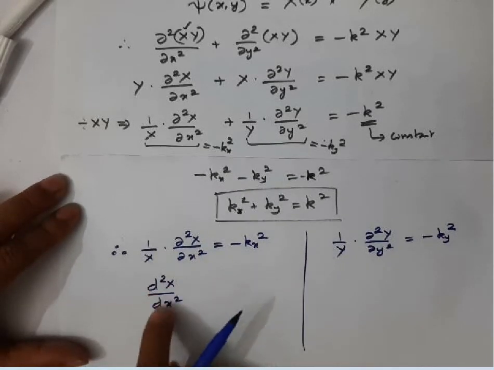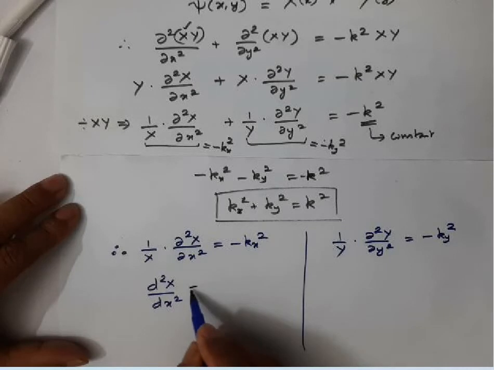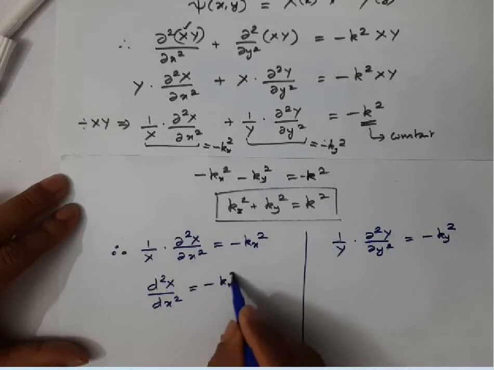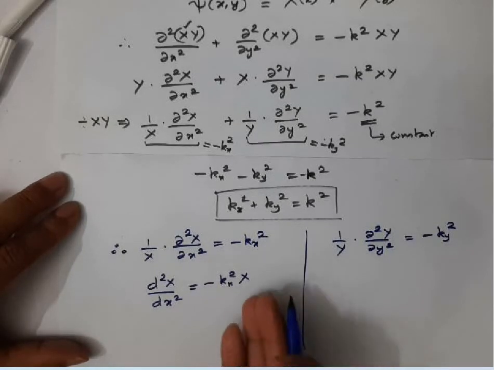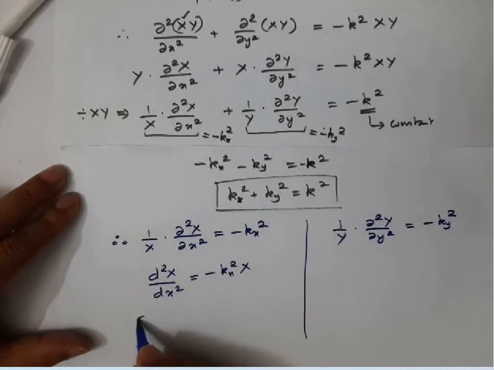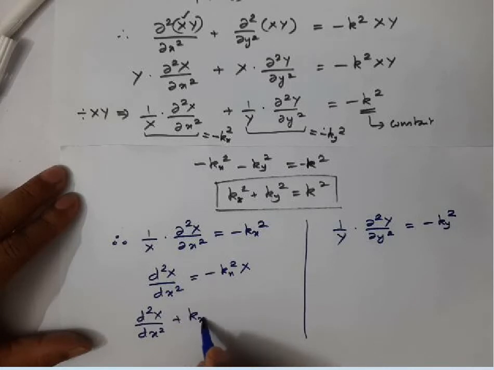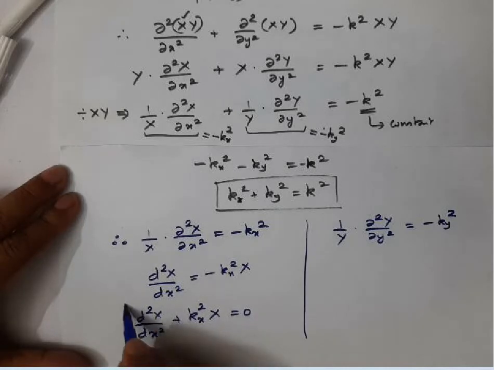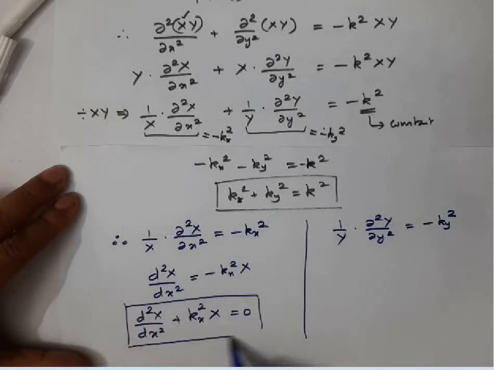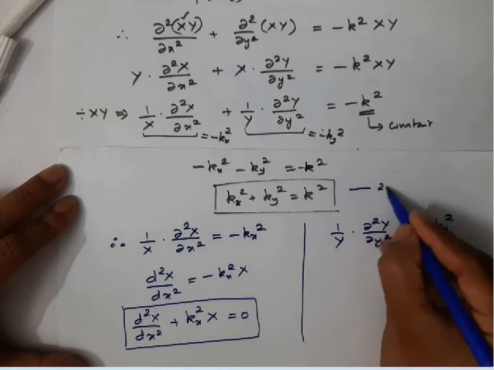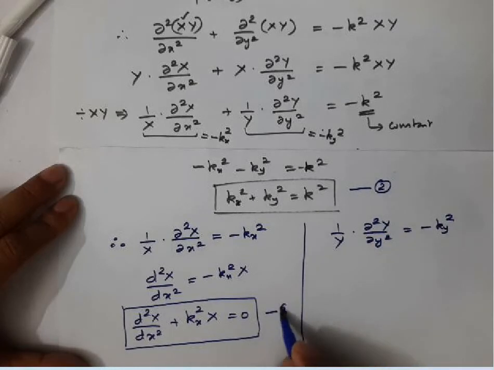So d²X/dx² equal to minus kx² into X. Bring this to the left hand side, so you can write this as d²X/dx² plus kx² X equal to 0. Let me take this as equation number 3.